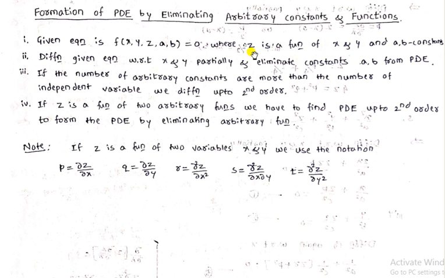So please concentrate: z is a function of x and y, and a, b are constants here.